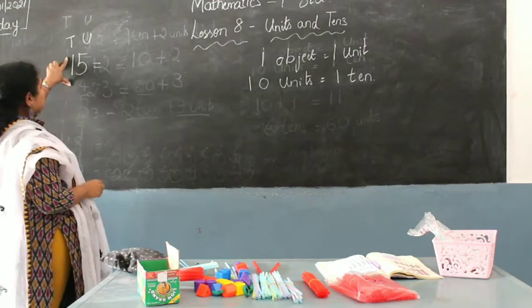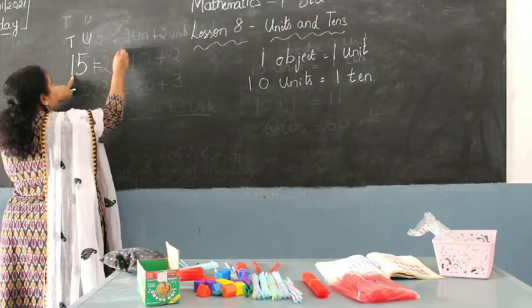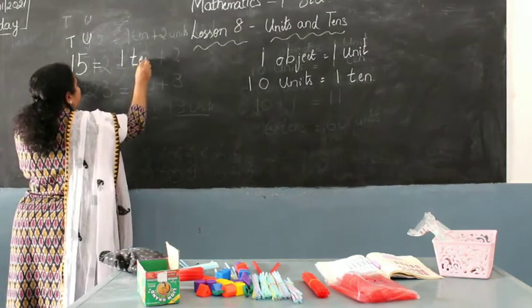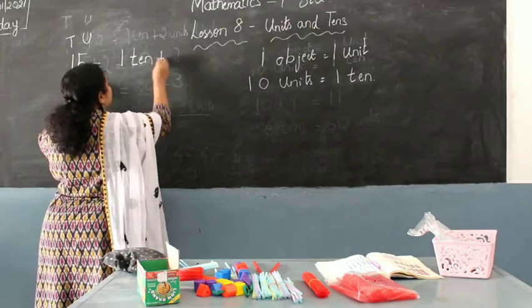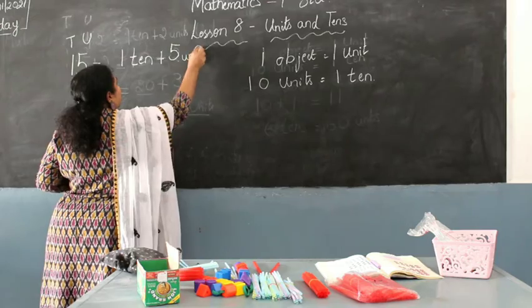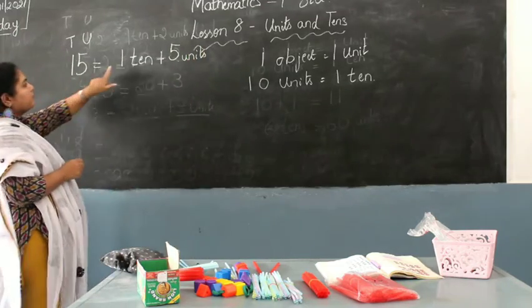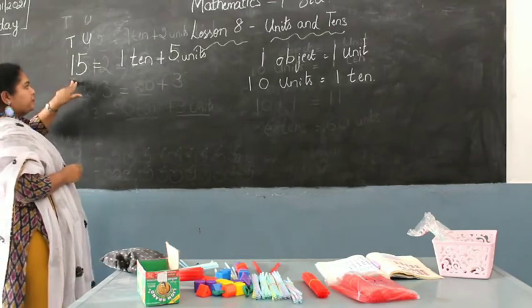Okay, this is your tens and this is your units. So how many tens do you all have? 1 ten. And how many units do you all have? That's your 5 units. Okay, so you all have 1 ten and 5 units, which is equal to 15.